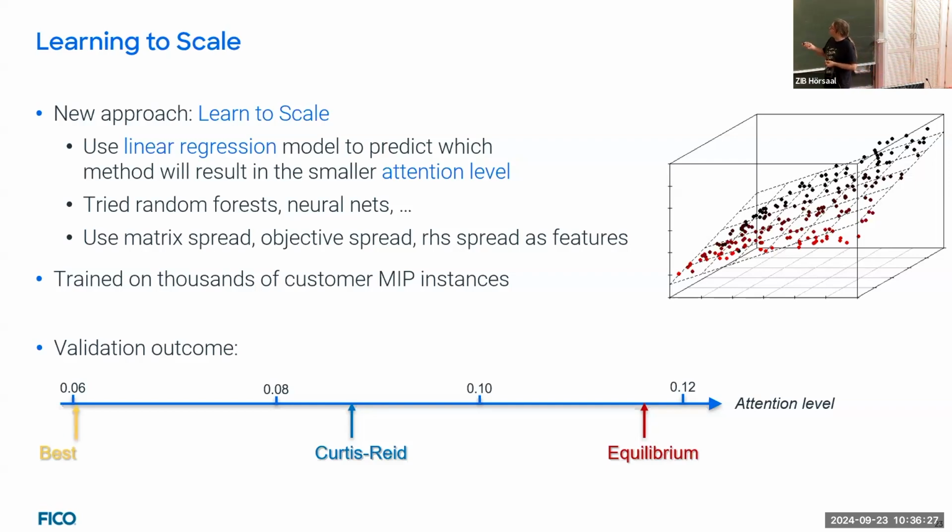And well, the best possible, if you always made a perfect prediction for each individual model between those tools, would have been at an average attention level of 0.06, and our learned model ended up being here. So this is quite nice.